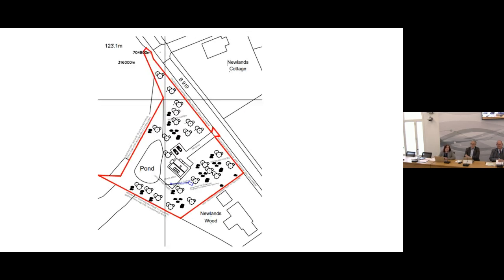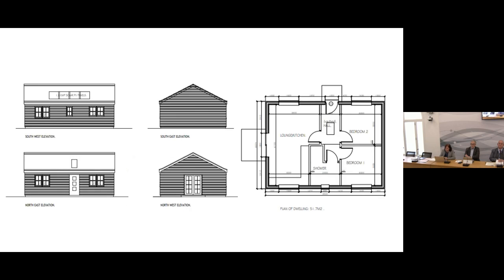This is just a slightly more zoomed in plan, so you can see that in a bit more detail. Next slide, please. This is the proposed dwelling house, very small 2-bedroom house constructed with timber.